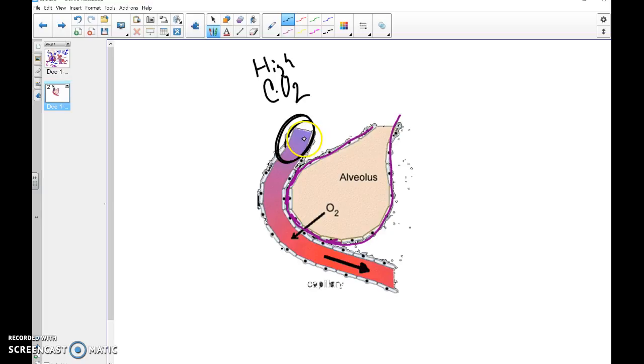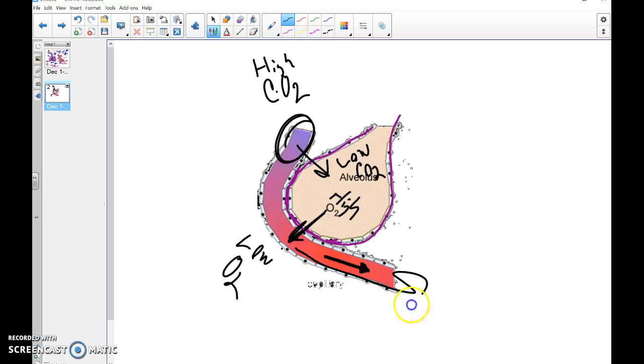And so what happens is, since there's a lot of CO2 in here, and there's not a lot of CO2 in here, the CO2 moves in to the alveoli. And then what happens is, there's a high amount of oxygen in here, and a low amount of oxygen in the blood. And so the oxygen moves out. And then, as the oxygen concentration gets high, the blood runs away.